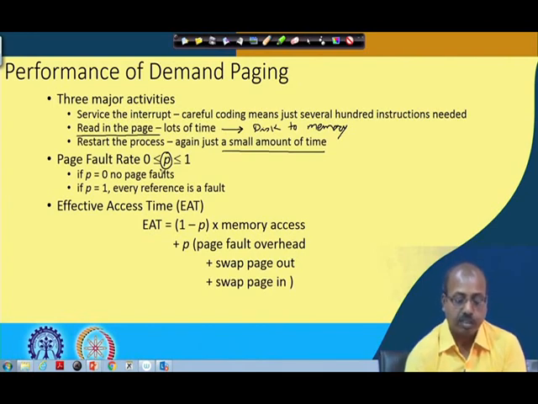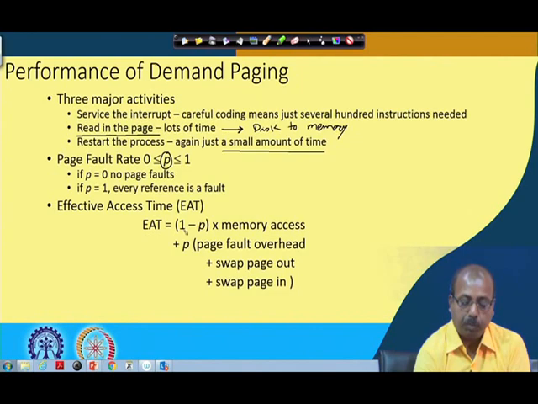Now, what is the effective access time? If there is no page fault, with probability 1 minus p, the page is present in memory, so that is the memory access time, plus if there is a page fault, whose probability is p, this is the page fault overhead, swap page out plus swap page in.